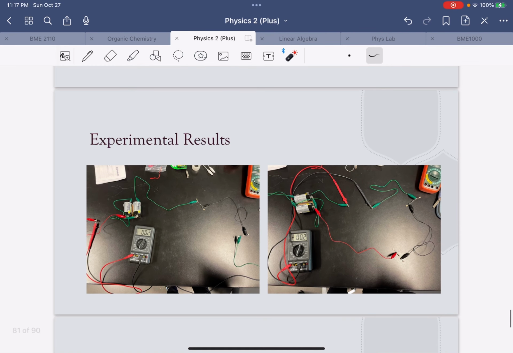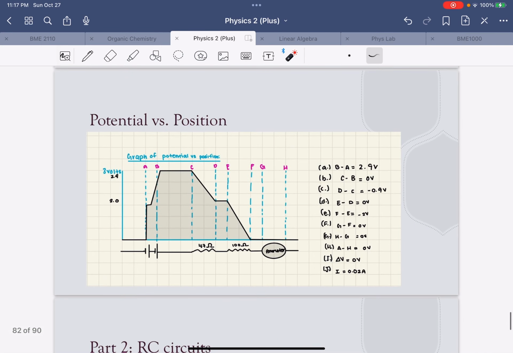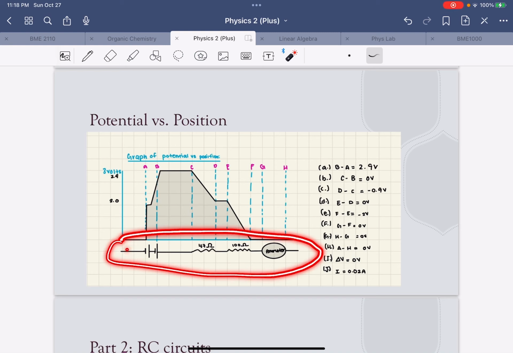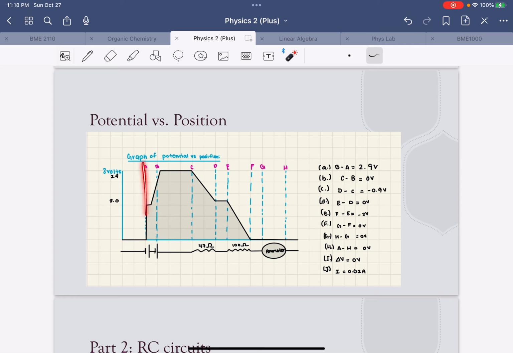And in experimental results, it's going to give us 0.02, and if it's backwards, it's going to be negative 0.02. So in our potential versus position graph, we have here our circuit in parallel. And here are the positions, and here are the volts.